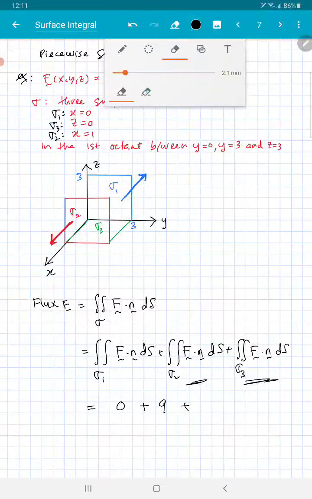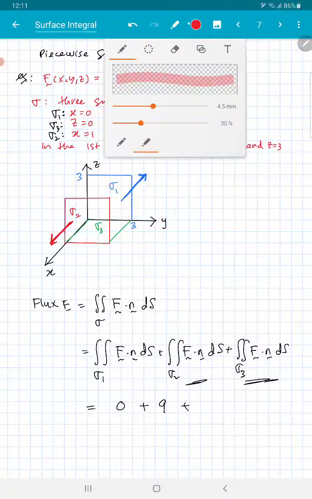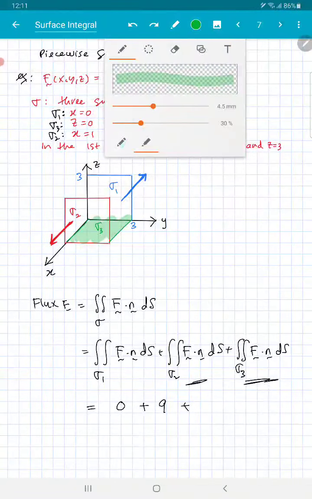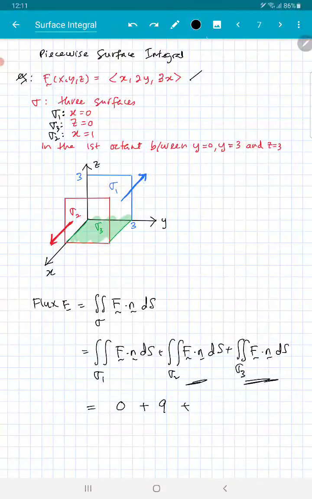Our surface now is a horizontal plane, and it is facing the negative z axis. So our normal vector will be pointing downwards, which means that we are looking for the z component to be -1, because it's facing the negative z axis.